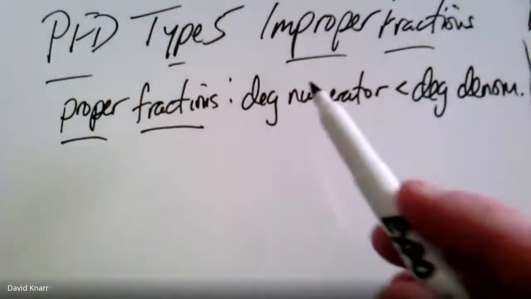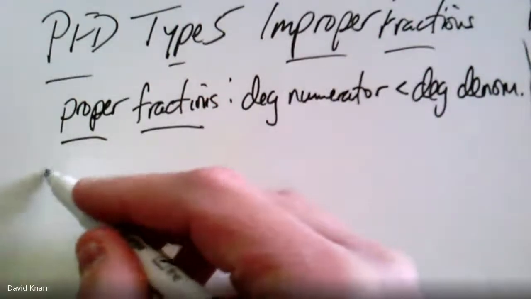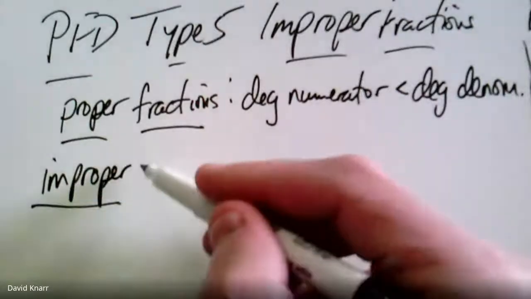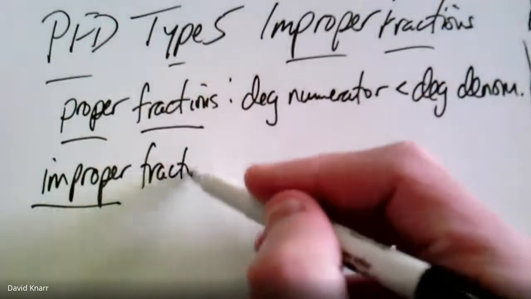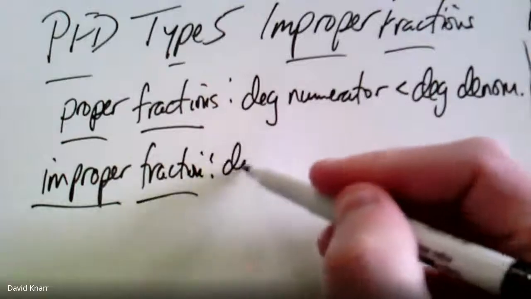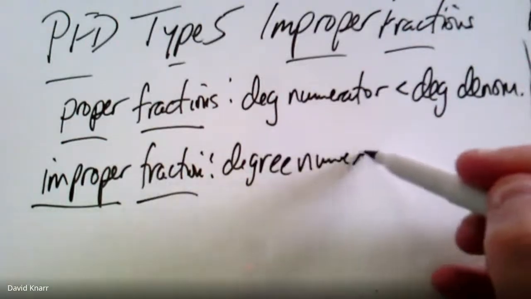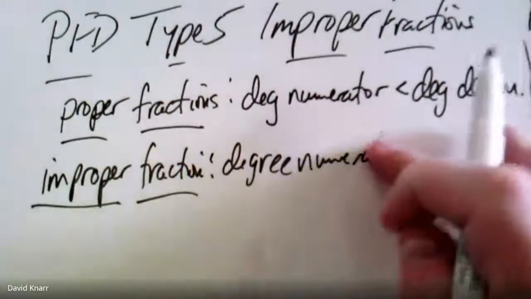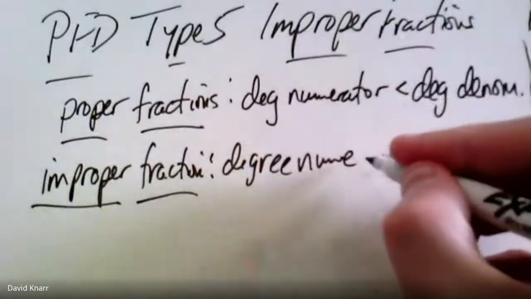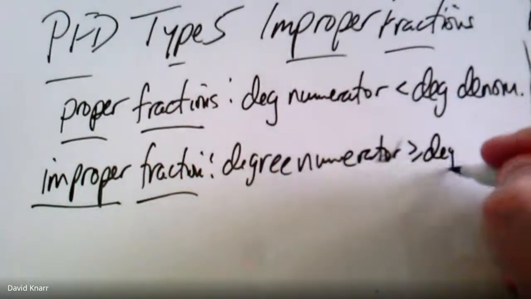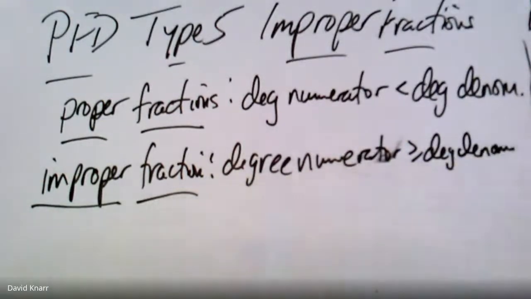However, today we're going to talk about what happens if the fraction is improper to start. So an improper fraction means the degree in the numerator must be greater than or equal to the degree in the denominator. What if the degree on top is bigger or equal to the degree on the bottom?